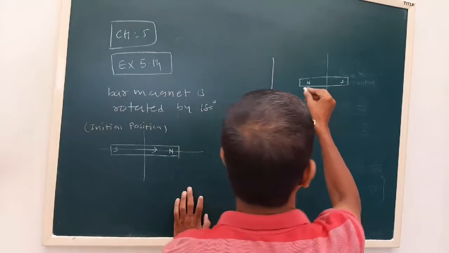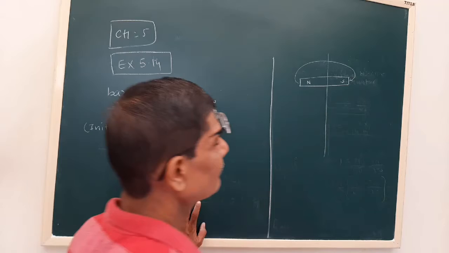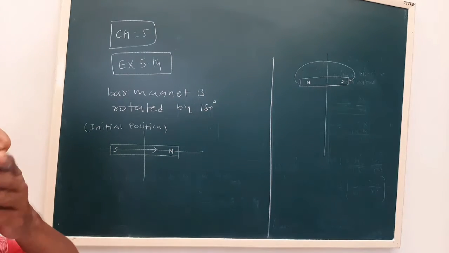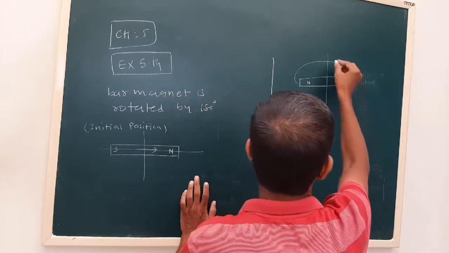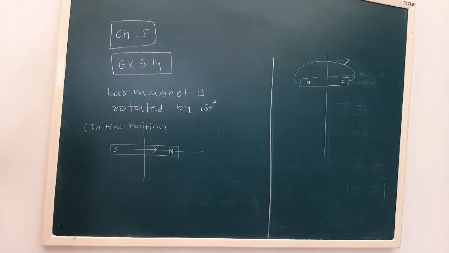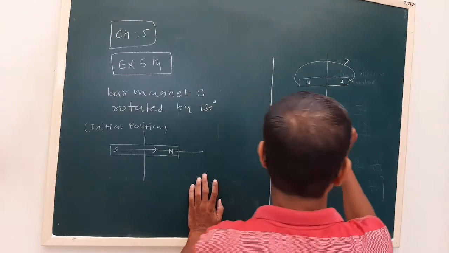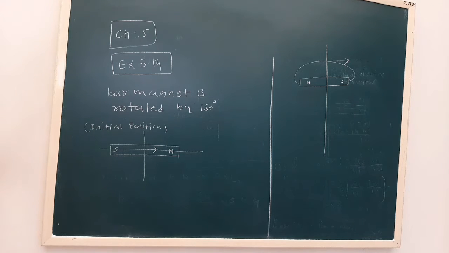Now see, the bar magnet's field line will be this. Now the horizontal component of the net magnetic field: at any point on a magnetic field line, the tangent drawn shows the direction of the magnetic field. The Earth's magnetic field and the bar magnet's field have to cancel out each other, but we have to find out where the distance will be.